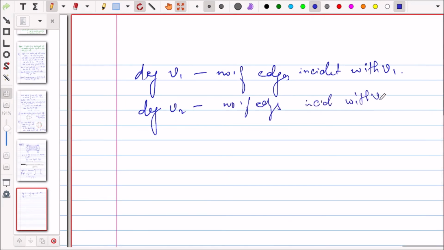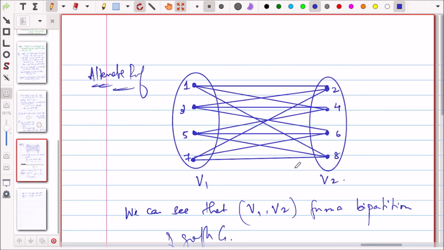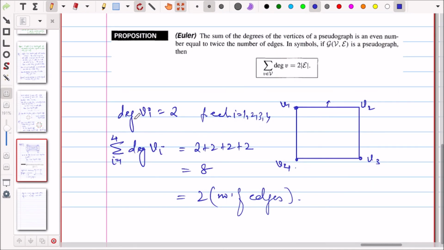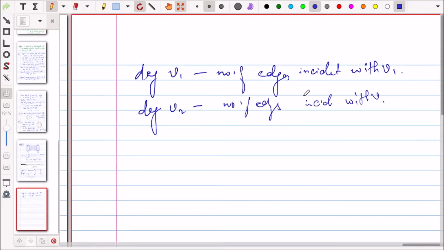When you add all of them, this edge is being counted twice: once in the degree of V1 and once in the degree of V2. Degree is nothing but the number of edges incident with that vertex. So every edge is incident with two vertices, right?